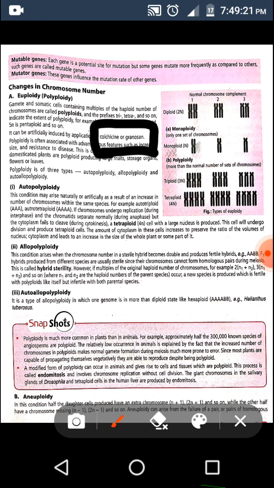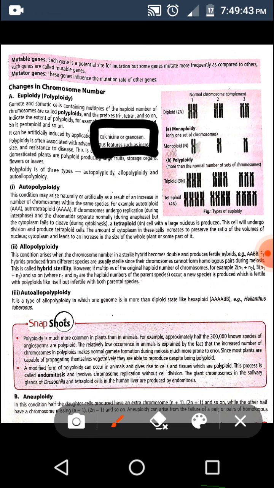So we are inducing the polyploidy condition in plant varieties to increase the food production, quality and quantity of the food. So we are inducing this mutation in case of the plant varieties.